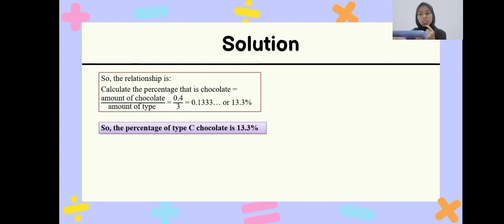So to calculate the percentage that is chocolate, it is equal to the amount of chocolate divided by the amount of type. So 0.4 divided by 3 is equal to 0.1333, etc., or 13.3%. So the percentage of type C that is chocolate is 13.3%.